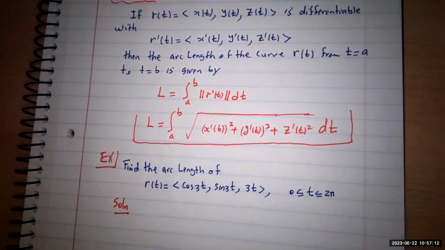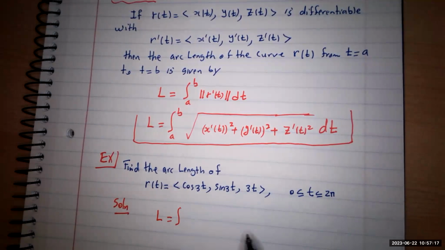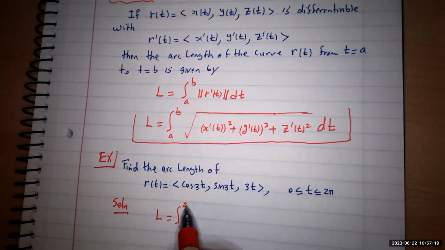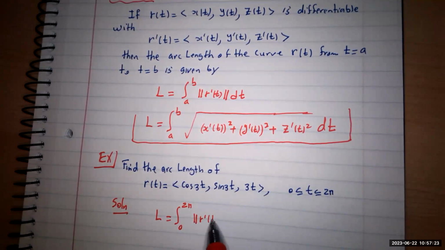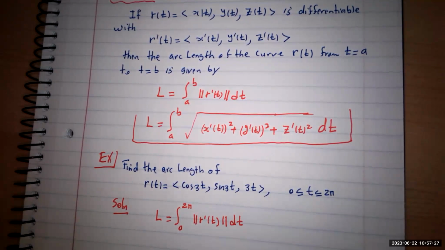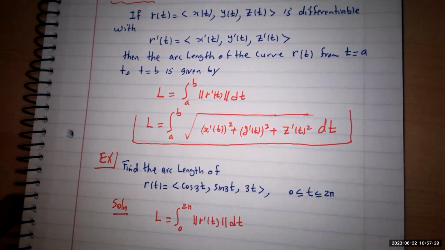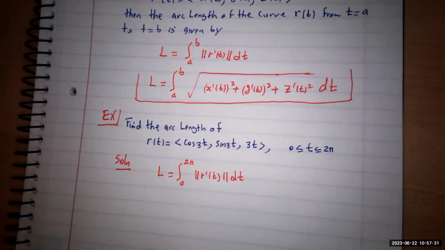There you are. You know the formula. In short, the formula would be the integral from 0 to 2 pi of the speed, the norm of r prime of t, dt. So we usually find the norm of r prime of t, and then come back and integrate it. Carefully differentiate.